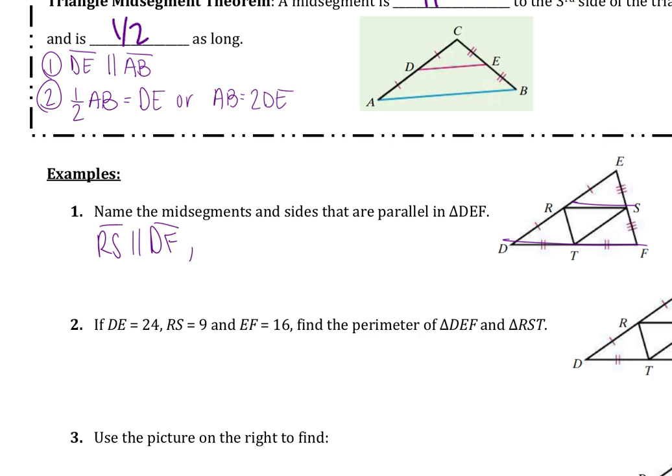We would know RT is parallel to EF. And then the last one we would know is ST is parallel to ED. There you go.